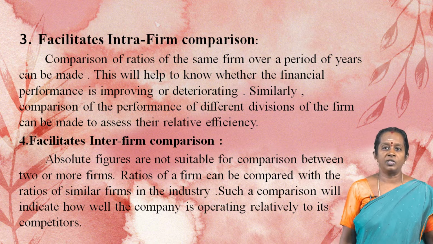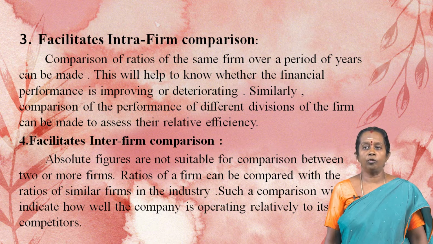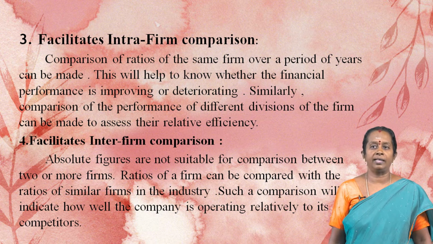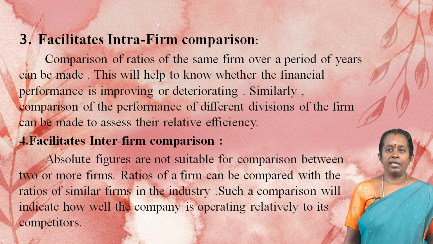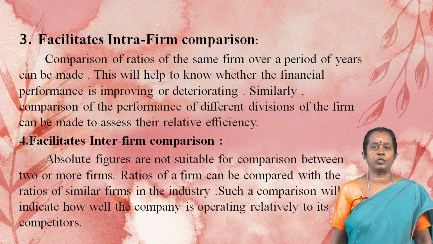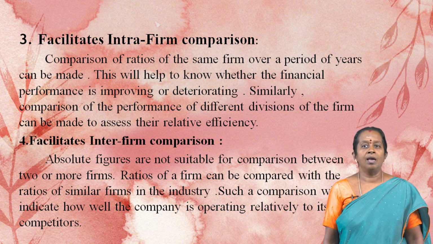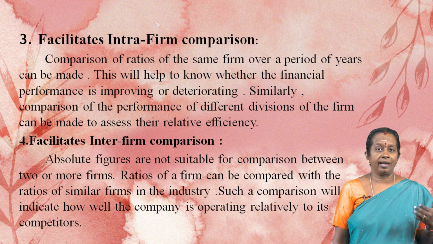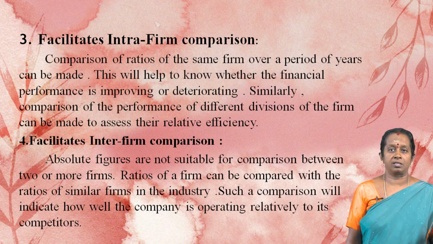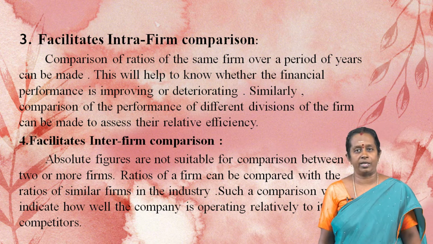Fourth one is facilitates inter-firm comparison, since absolute figures are not suitable for comparing between two or more firms. Ratios of a firm can be compared with the ratios of similar firms in the industry. Such a comparison will indicate how well the company is operating relative to its competitors, how well they are competing with the competitors.